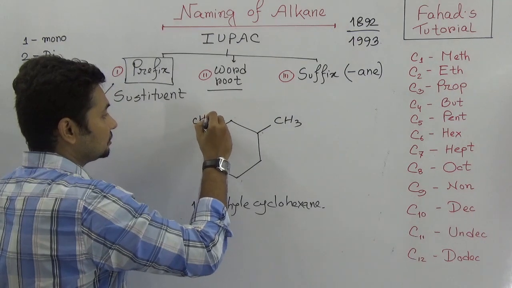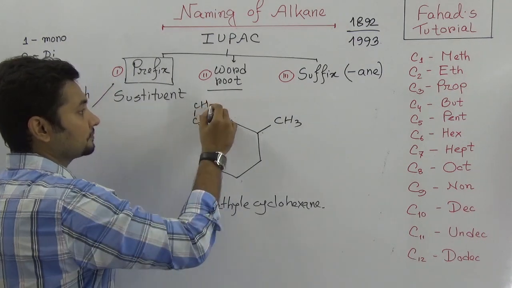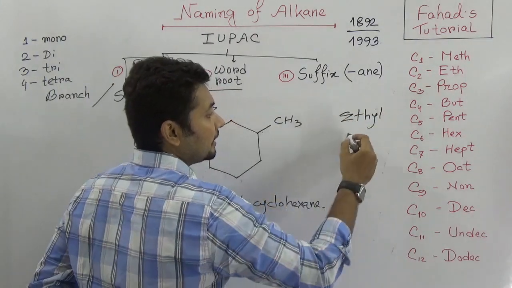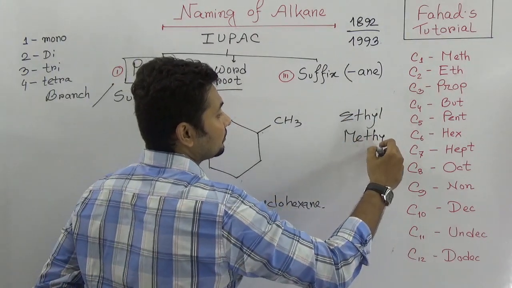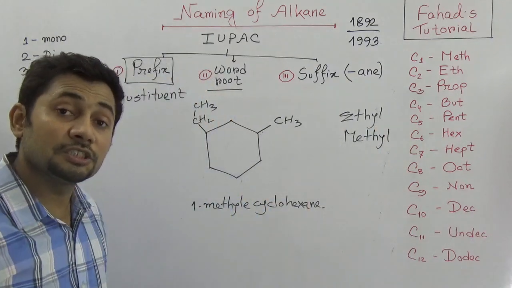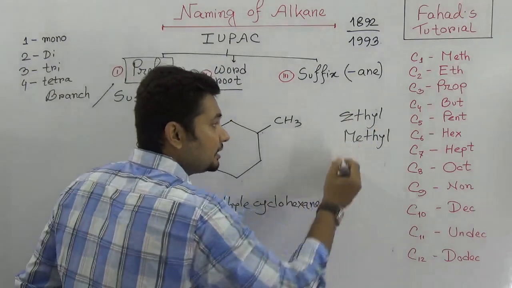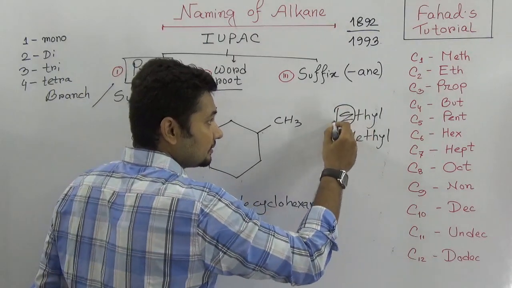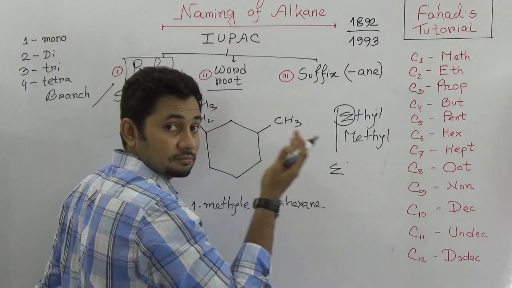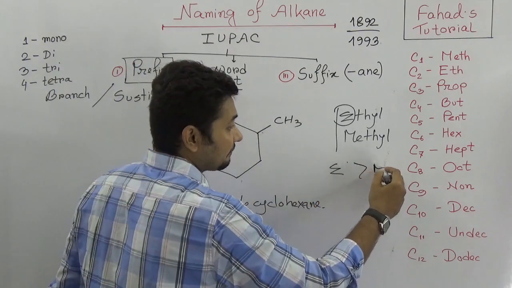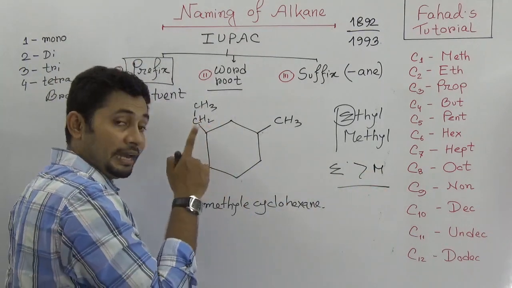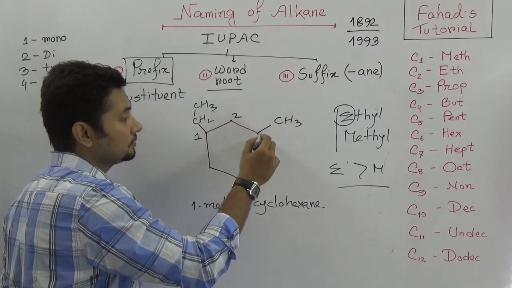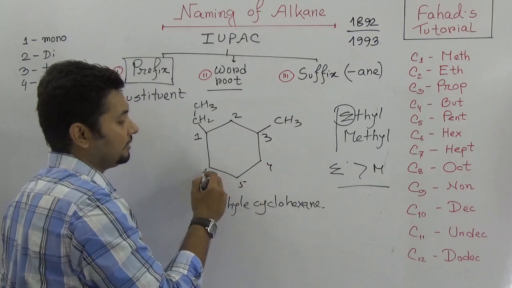And if there is another substituent here, suppose CH2CH3. Now you see there is an ethyl group and there is a methyl group. Of these two names, according to alphabetical order, E is first, then M. So according to this, we number 1, 2, 3, 4, 5, 6.